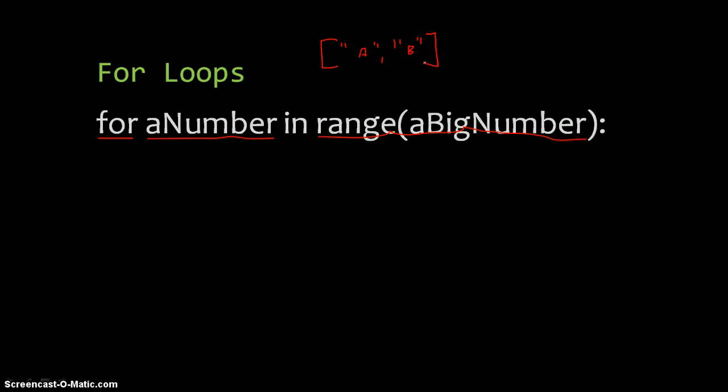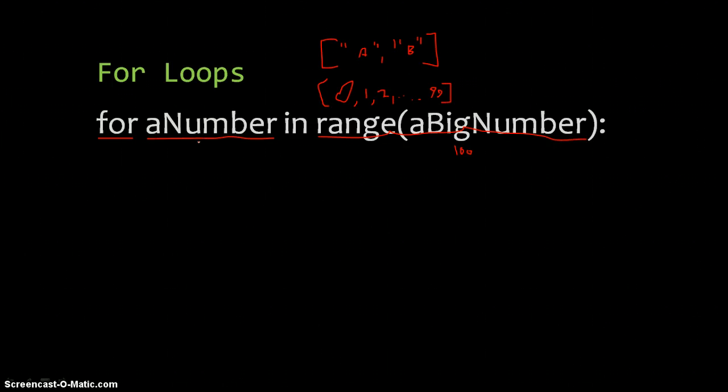Range is a list of numbers, and let's say a big number, for example, is 100. Then range 100 represents the numbers 0, 1, 2, all the way up to 99. And it is a list of those numbers.